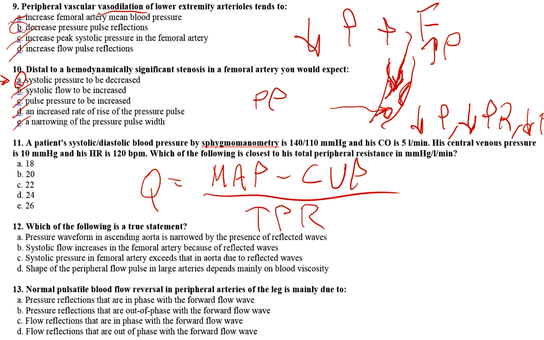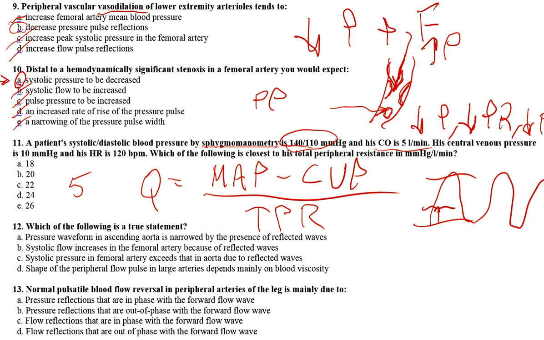Okay, so we are trying to solve for total peripheral resistance, and we find out that cardiac output is 5 liters per minute. So I'm going to put a 5 there. Then we have our systolic and our diastolic. So if you remember, to get to mean arterial pressure from this, we go 1/3 of the way back from the diastolic toward the systolic, and that's going to be our mean arterial pressure.